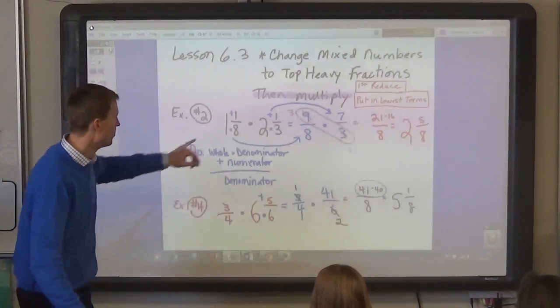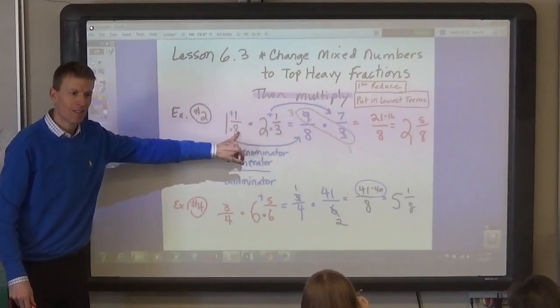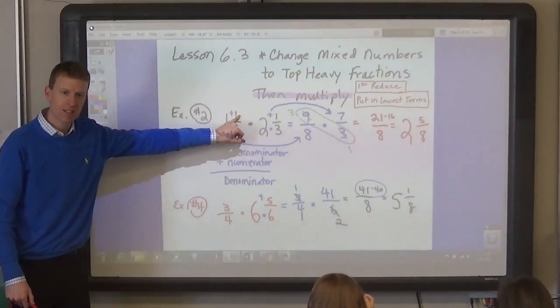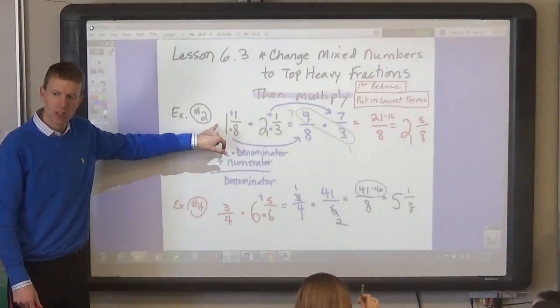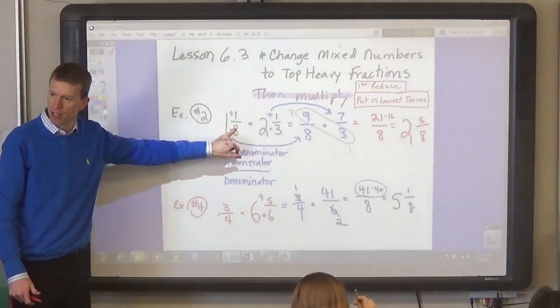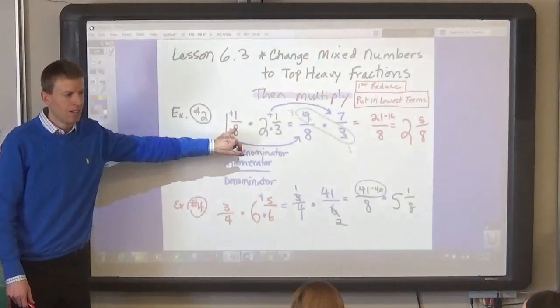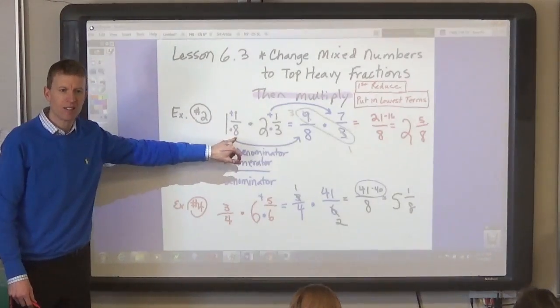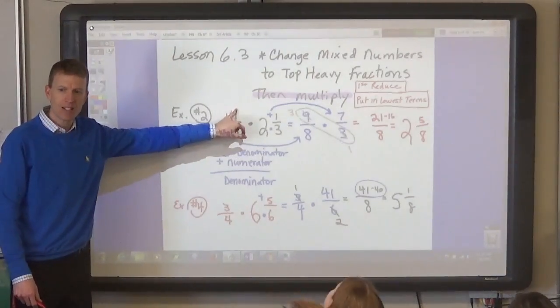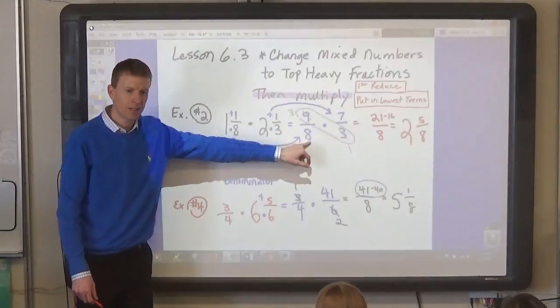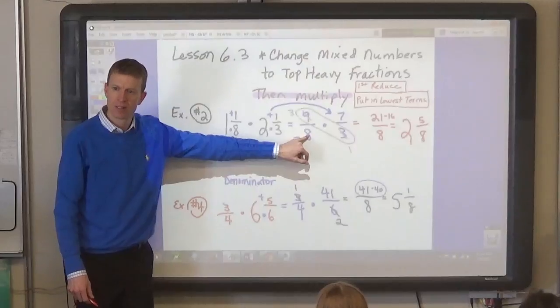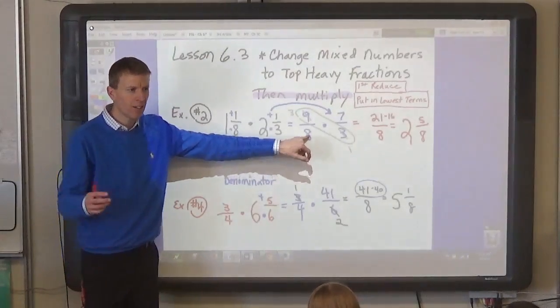Now, 1 1/8 means that you have a whole and one piece. And so you take the whole and you cut it up into 8 pieces, and you add the piece that you have so that you have 9 pieces, 9/8. Can you see that?